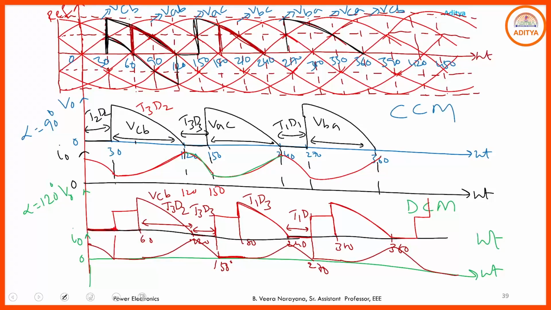Where the current is 0, up to that the output voltage is 0, and if the current flowing through the circuit is 0, then the back EMF is coming into the picture.